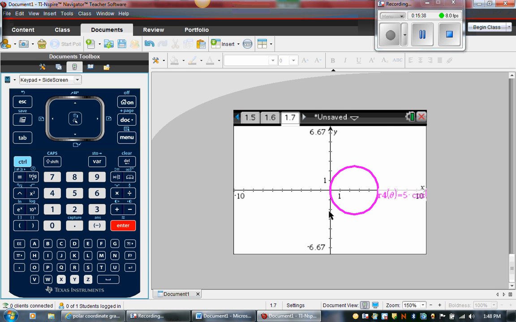Sine shifts it vertically. Remember y equals r sine theta. So if we shift it vertically, we're shifting along the y-axis, so it makes sense that would involve a sine. And if we shift it horizontally, that's along the x-axis, x equals r cosine theta, so it makes sense that for 5 cosine theta, we've shifted now along the x-axis.